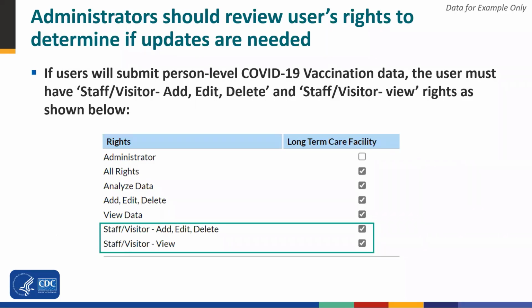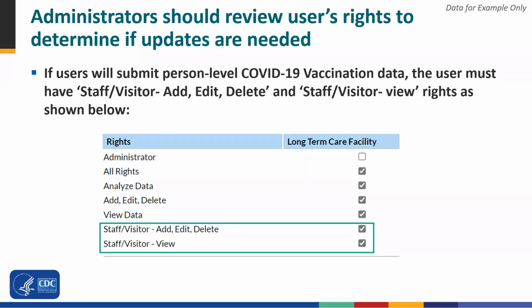So administrators should review their users' rights for their facility in order to determine if any updates are needed. And again, if users will submit the person-level COVID-19 vaccination data, the user must have the bottom two boxes shown on this screen checked. So the staff/visitor add, edit, delete, and staff/visitor view rights.